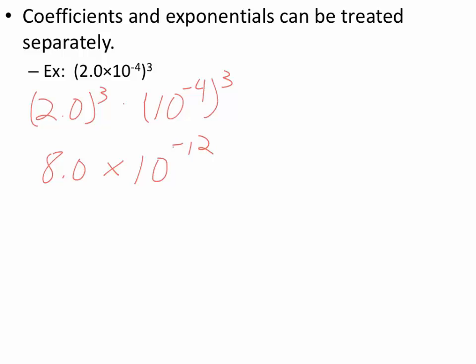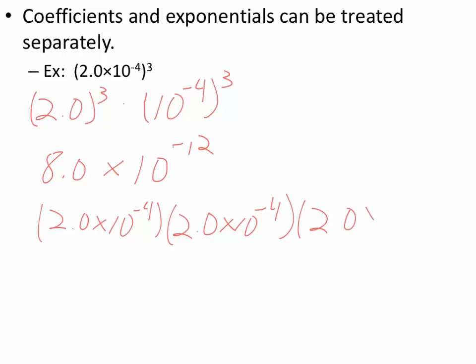And let's go back and check. We remember that we need to have three 2.0 times 10 to the negative 4s. So we have 2.0 times 10 to the negative 4 times another 2.0 times 10 to the negative 4 times another 2.0 times 10 to the negative 4. And we can then group all of our 2's together. So 2 times 2 is 4, times another 2 gives us 8.0.